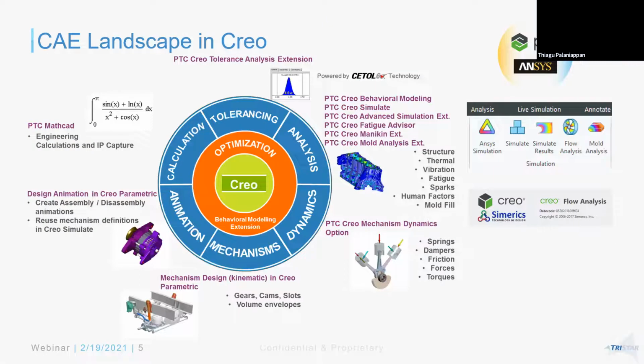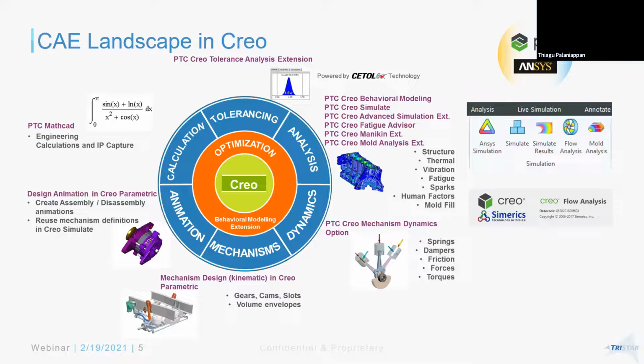Some of you may be using Creo for some time or the old Pro Engineer. So I thought of talking through this slide real quick on the computer-aided engineering landscape in Creo, right? We do know that the old Pro Engineer as well as the new Creo has had Pro Mechanica or Creo Simulate, as they call it.